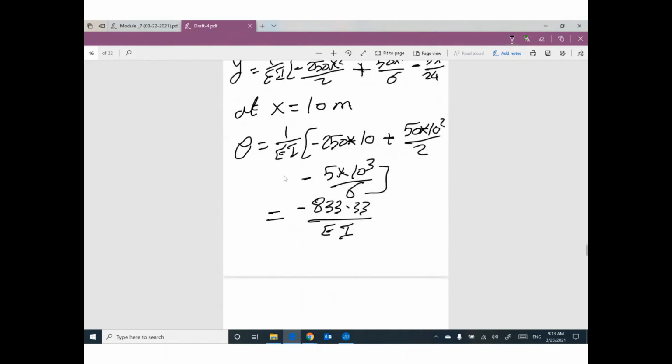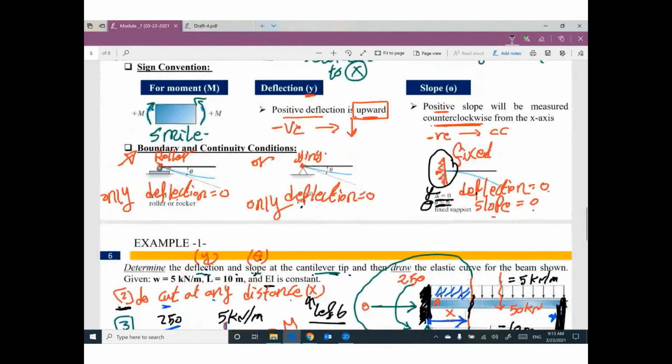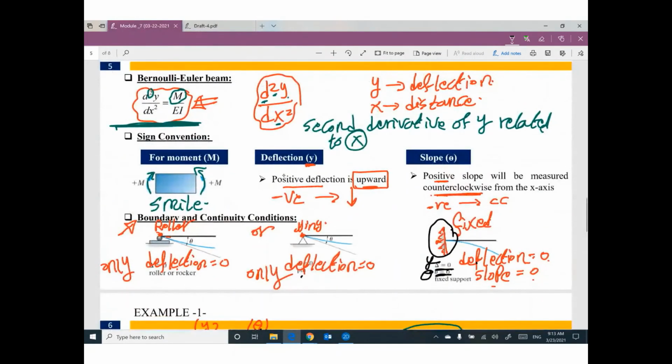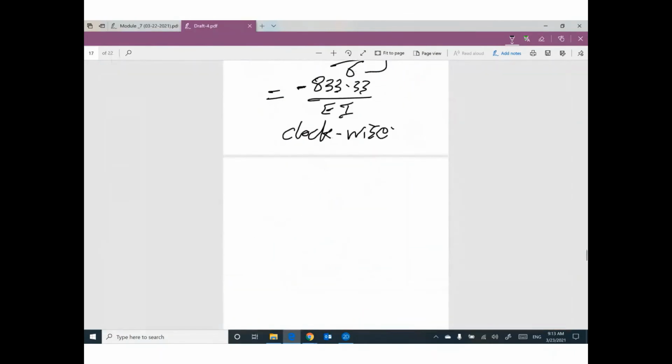Because this theta is negative, it's clockwise. Yeah, I told you here. If theta is negative, it's clockwise. Okay. What is the value of y?